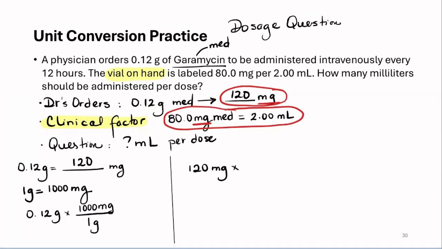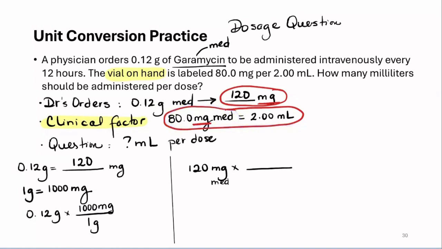Then we are going to utilize our clinical factor as a conversion factor. And since this 120 is for the medication, and we need to match the units, that means that out of this equality, this number is what goes in the bottom of the fraction.